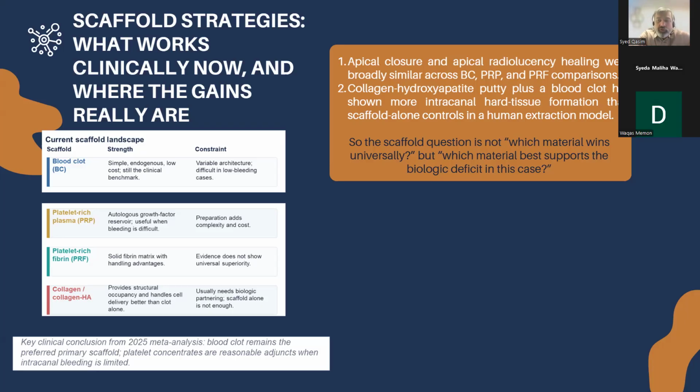The North Star human extraction study was a study concept done by Nusrat, I think. I don't know what year it was. It was a human extraction study, and it was really important. It showed that scaffold alone was not enough, whereas scaffolds plus blood clot produced more interesting intracanal hard tissue outcomes.